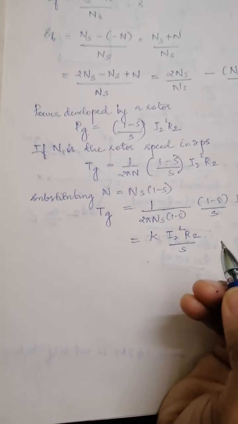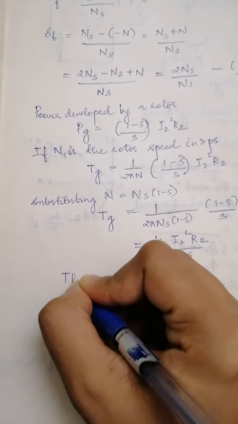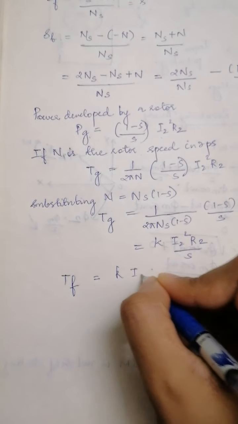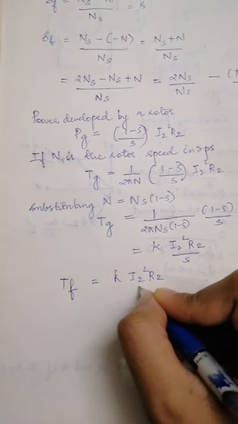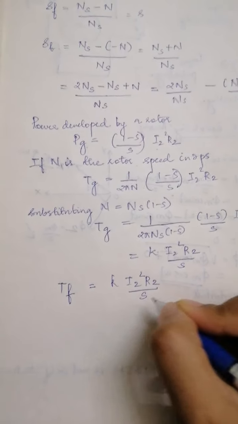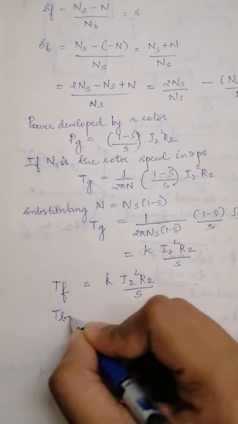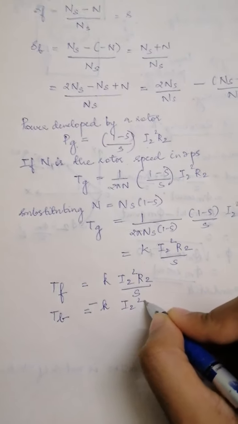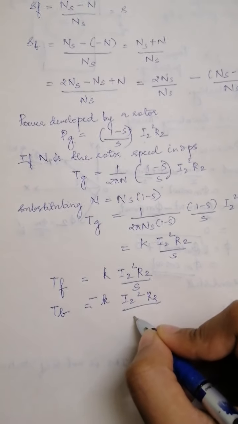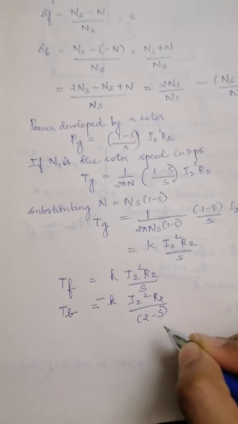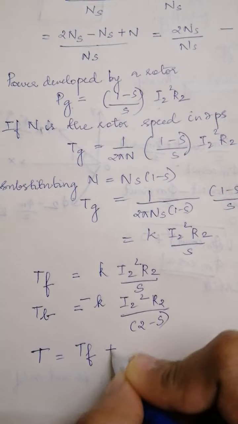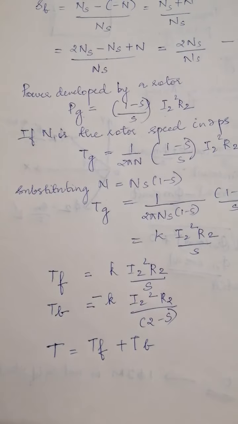Now the forward torque can be written as Tf is equal to K into I2 square R2 by S. And the backward torque can be written as minus K into I2 square R2 by 2 minus S. Now the total torque is given by the sum of forward torque and backward torque.